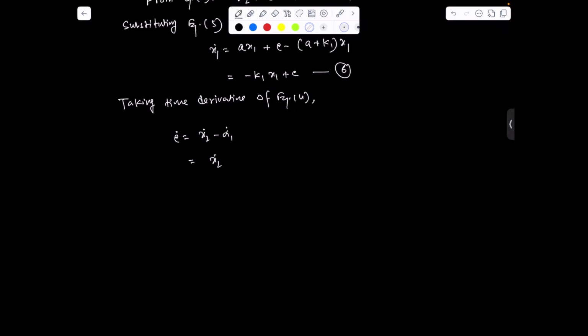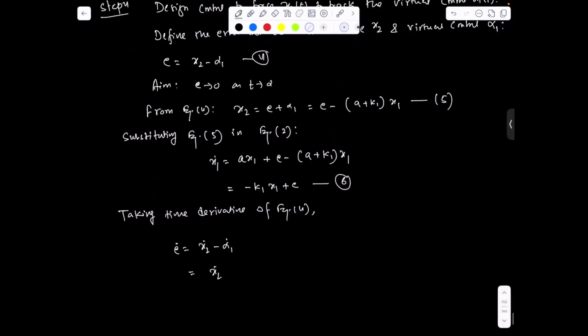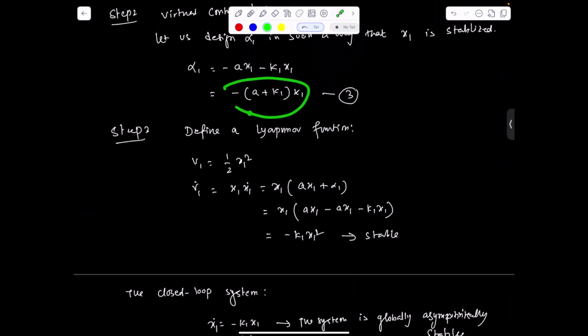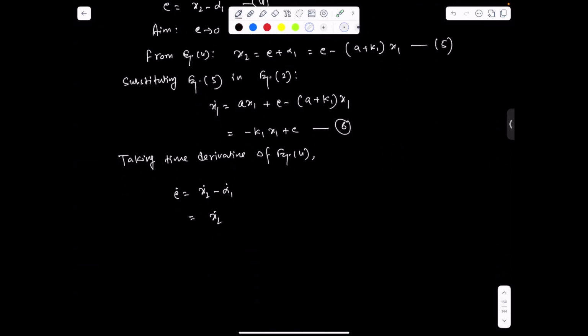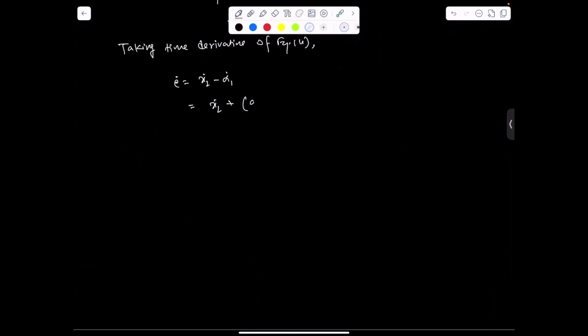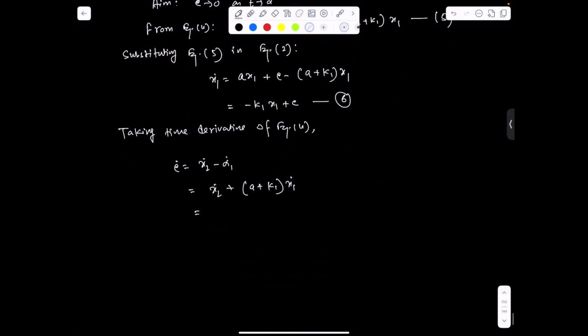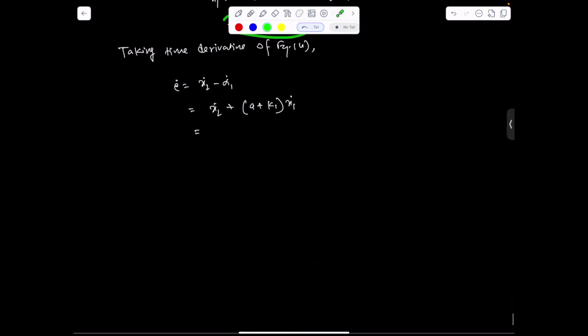In place of alpha 1 dot we substitute the derivative of the expression minus (a plus k1) x1, so we can write plus (a plus k1) x1 dot, and we already have the x1 dot dynamics.